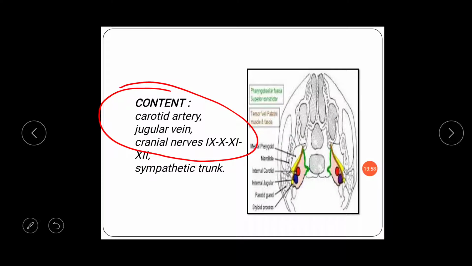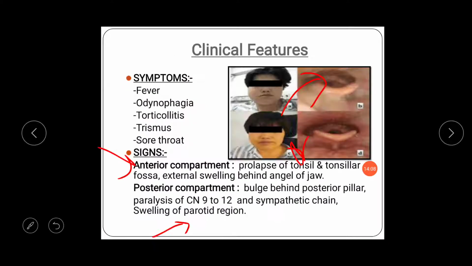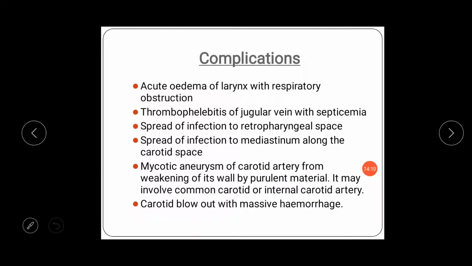So whenever there is a severe parapharyngeal space infection, it can injure these contents and the patient can develop different complications according to the involvement of different contents. Acute edema of the larynx can occur, which can cause respiratory obstruction and will need tracheostomy. This is usually rare nowadays.